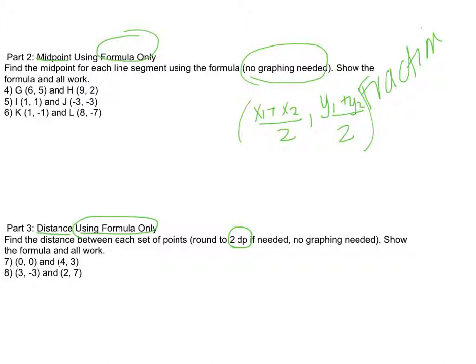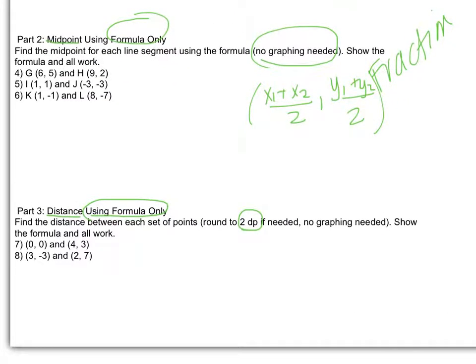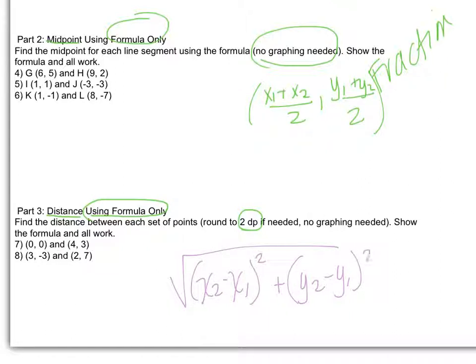So right on your paper, let's put the distance formula: the square root of x2 minus x1 in parentheses, squared, added to y2 minus y1 squared. And I want to see your work and the formula, so you plug and chug.